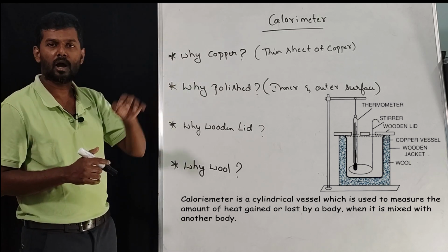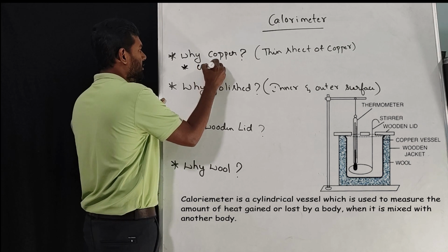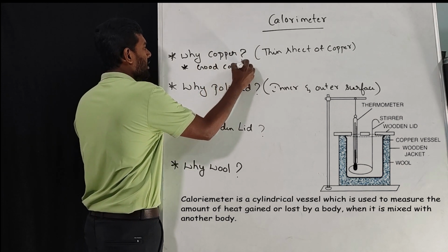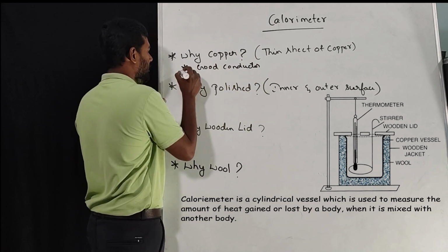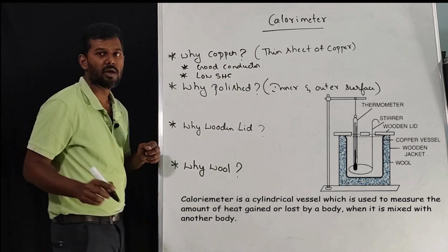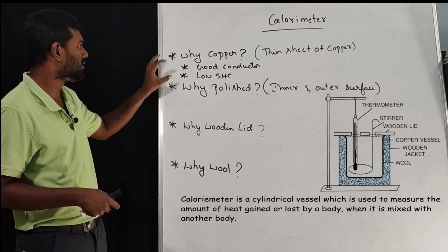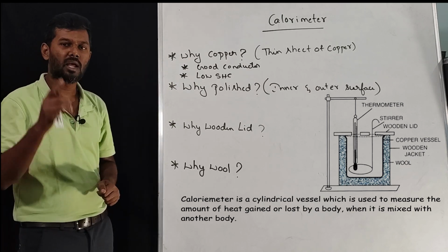Why do we have to use copper? Because it's a good conductor, and it has low specific heat capacity. These are the two reasons why we select copper.